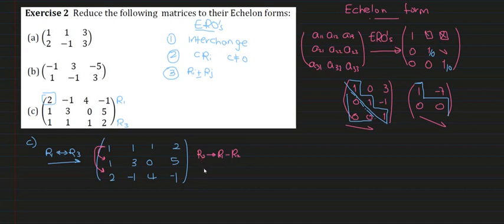The result will be in row 2. So I will state row 2 first, and then multiply it with a negative. So it's negative row 2 plus row 1. This is another way to write the elementary row operation. Let's apply it.